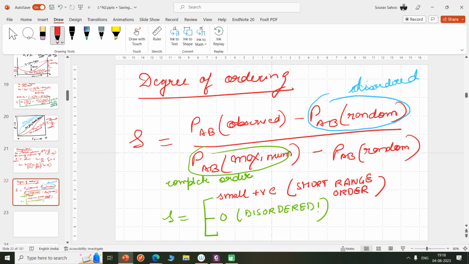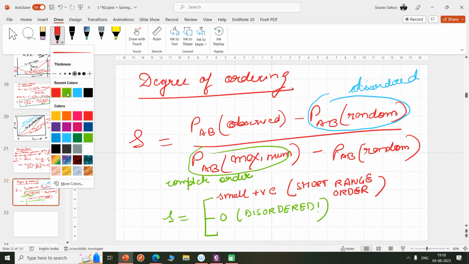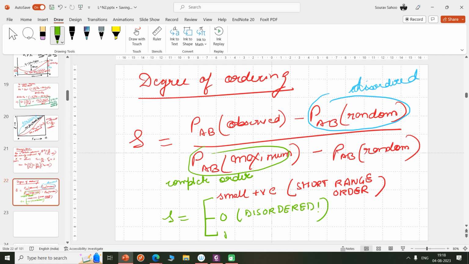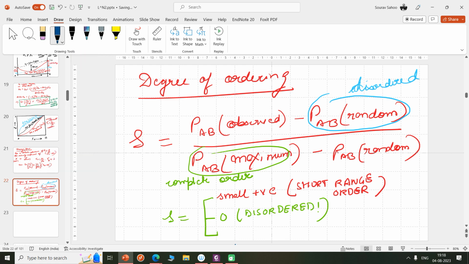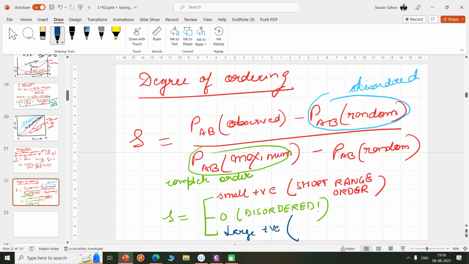In glasses we have loss in order beyond the tetrahedron or the smallest cell ordering inside of the glass, so beyond that it is completely disordered. And if it is large positive, or even 1, it's completely ordered, or long range ordering, to be precise.